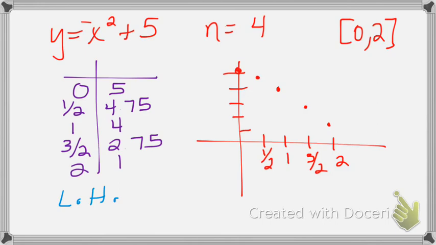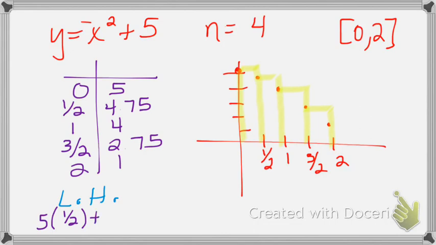So if I do the left-hand sum, I start at 0. And I make a rectangle. And then I go to the next y value and I make another rectangle. And I keep going until 2. So to figure out that same way, the height of the first one is 5, but this time the width is a half.